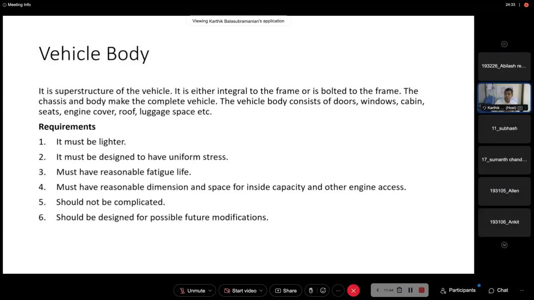I don't want the body to deform easily. But then there are two things, right? One is the frame, the other is the vehicle body. Comparatively, which should have higher stiffness? The frame should have higher stiffness.